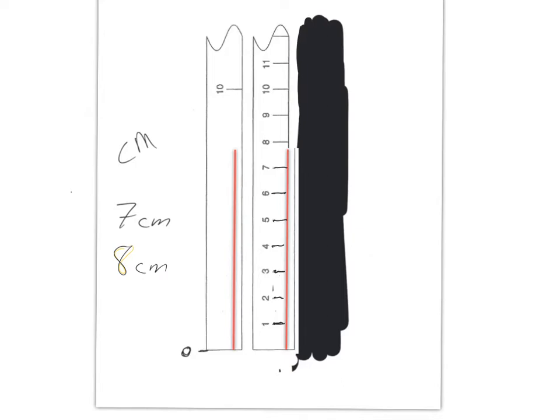Now we've got some more information. I'm looking at this ruler and I know that this is 7 and this is 8. This ruler has more graduation marks on it. So I know for sure where 7 is. I know for sure where 8 is. And now what I can do is make an estimation in between those two lines.